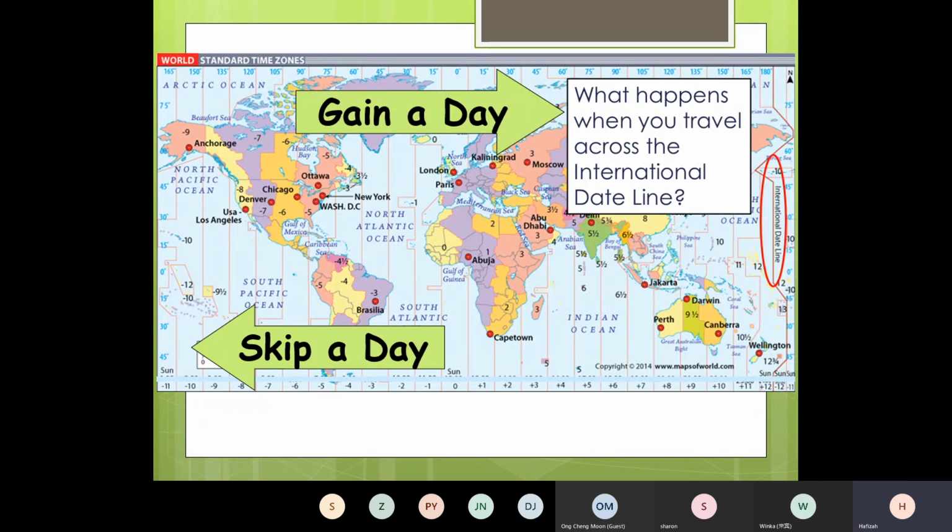Gain a day means that when you travel on Wednesday, and it is nearly Thursday, when you arrive at that country you are still on Wednesday, in the morning, even though the time you were traveling was already night. It's because of the different time zone. And skip a day means that when you travel on Wednesday, you are actually in the morning on Wednesday, and then you skip that Wednesday.